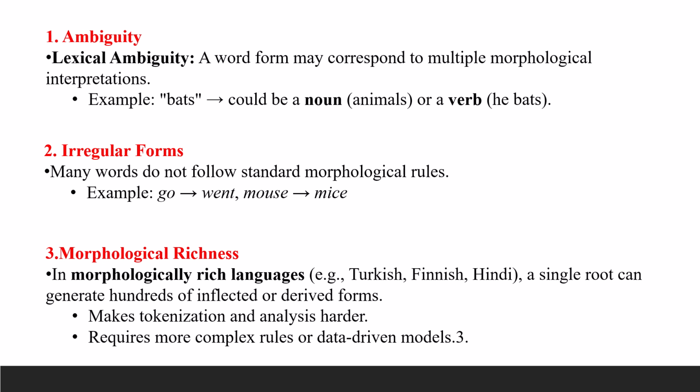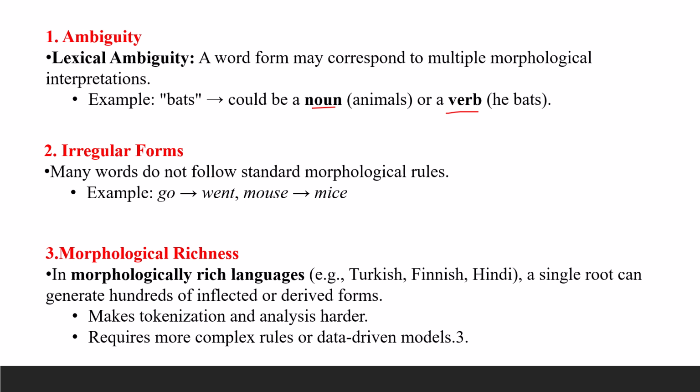Bat could be a noun or it may be a verb. The machine will face this kind of problem while processing. Sometimes it is a noun or it may be a verb. So this is exactly called the ambiguity problem.